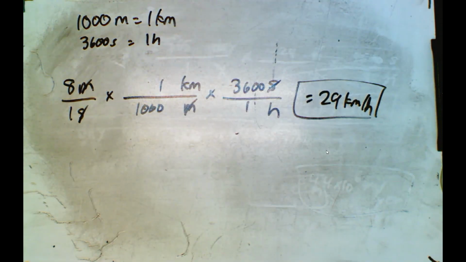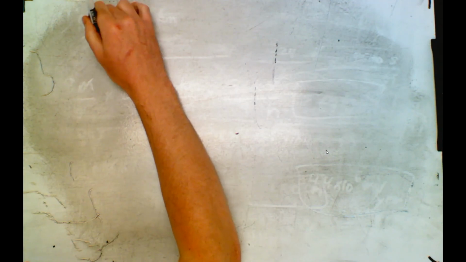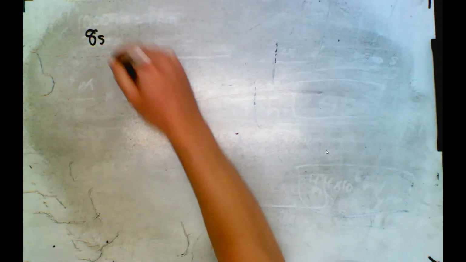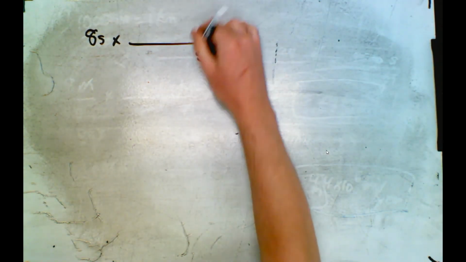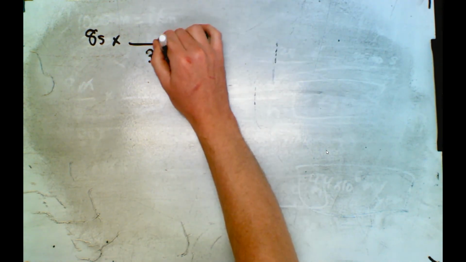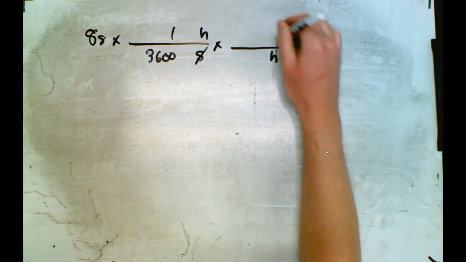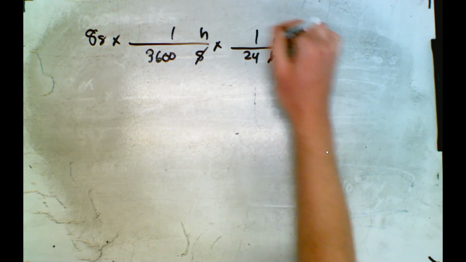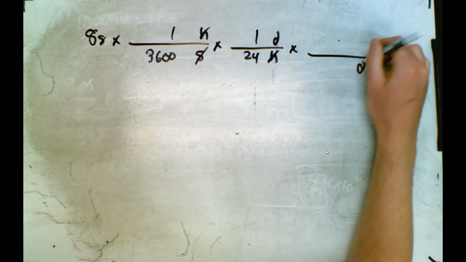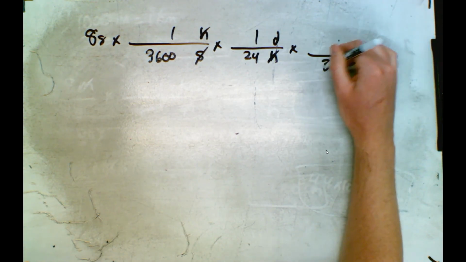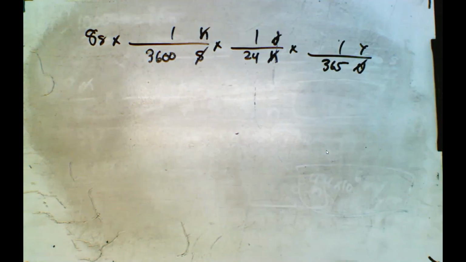Okay, our next one, we have 8 seconds into years. So we know seconds into hours. There's 3,600 seconds in 1 hour. We know how many hours are in a day. There's 24 hours in 1 day. And we know days into years. We know that there's 365 days in 1 year.